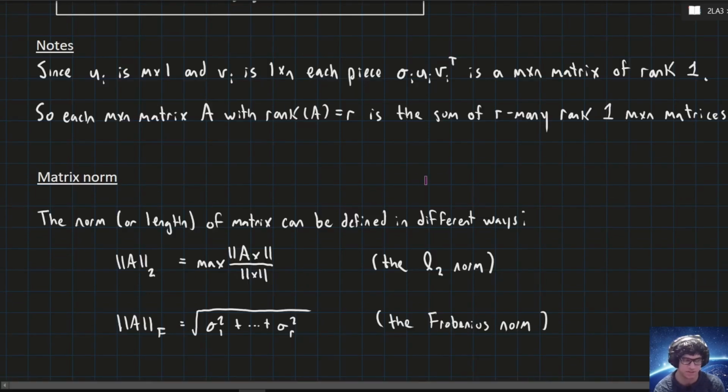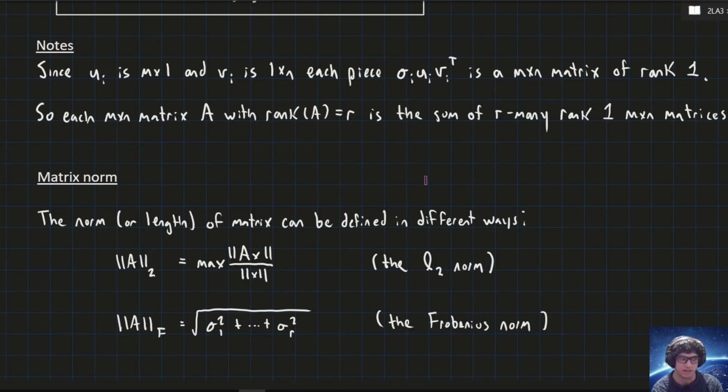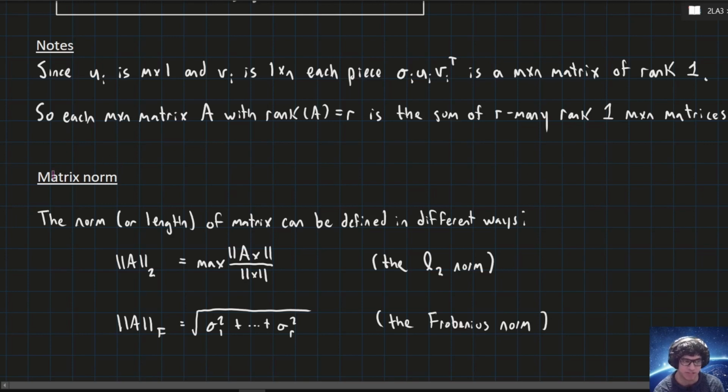To state the next important consequence of the SVD, we have to define the matrix norm. We know how to take the norm, or the length, of a vector, but we haven't said how to take the length or the norm of a matrix. There's no obvious way to do this.